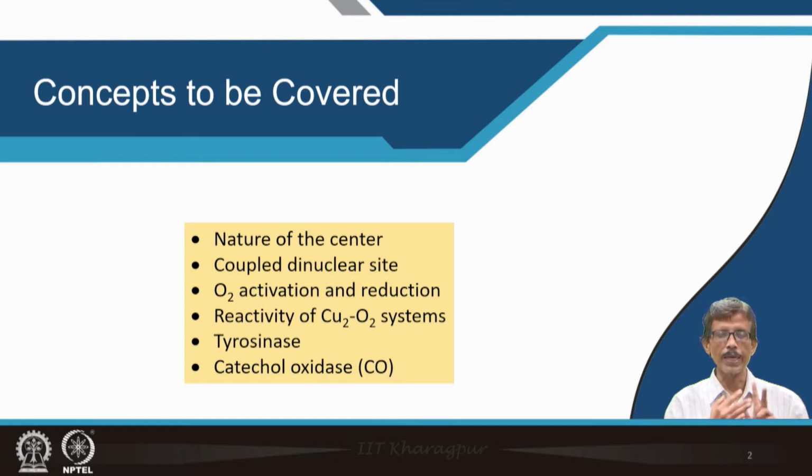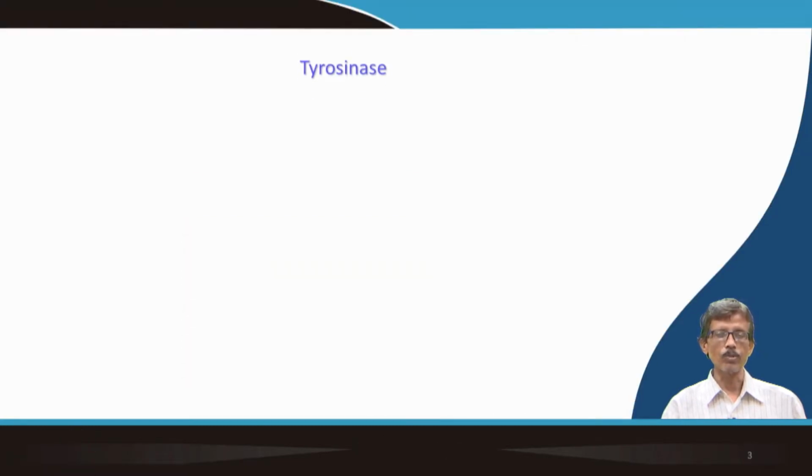They are coupled, nearby, and responsible for O2 activation again, but you require 2 copper centers, unlike the problem we saw earlier in galactose oxidase, where you have to oxidize the protein part or the ligand part to get the electron. Then we will see two important activities: the tyrosinase activity and the catechol oxidase activity.